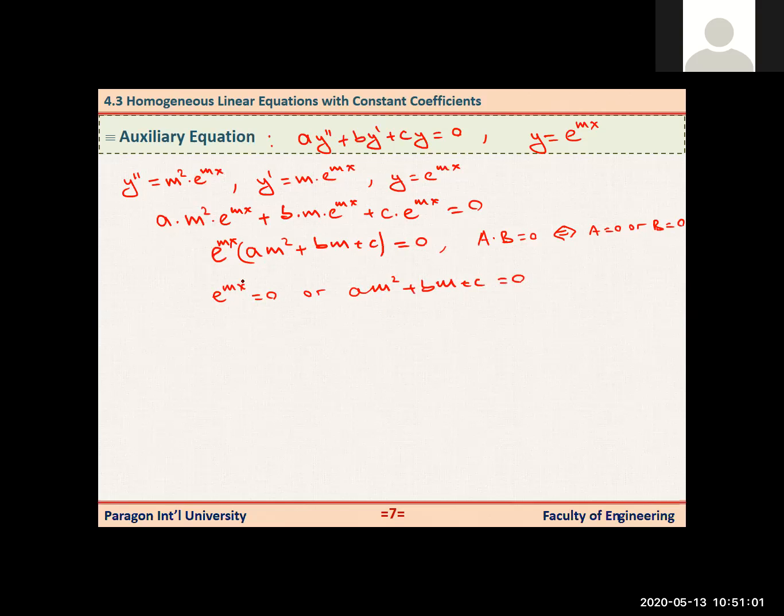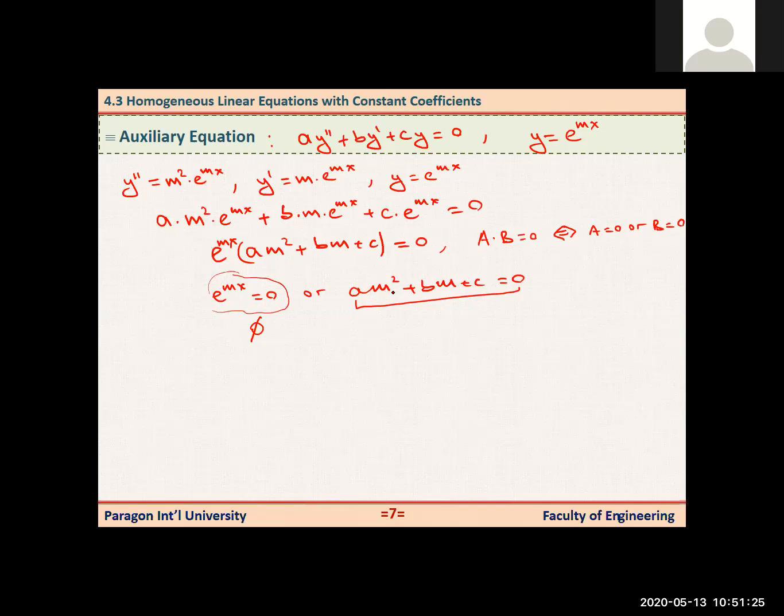We know that the exponential function e to the power of something is never equal to 0, so that factor gives no solution. But this quadratic equation always has a solution, either real or complex. So to solve this problem, we need to solve this equation.